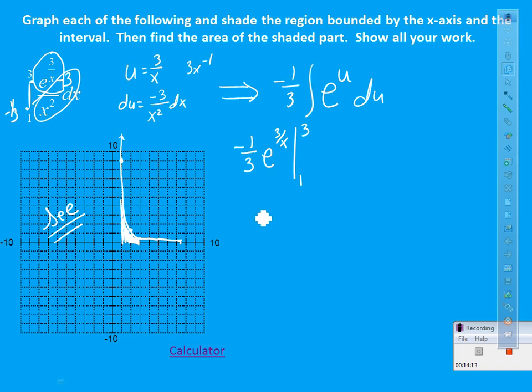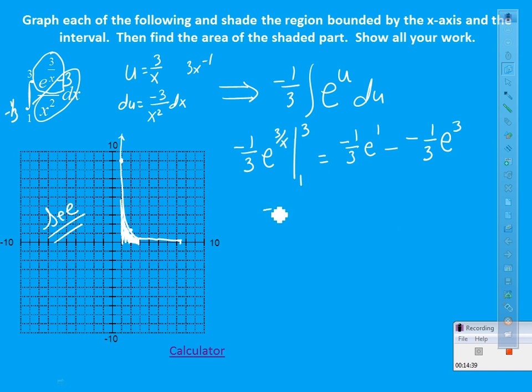That's what I got so far. So here's what I got next. Let me plug in a 3, so I'm going to have negative 1/3 e to the 3 over 3, which is 1, minus, it's always a minus, negative 1/3 e to the, let me plug in 1 now and get a 3.